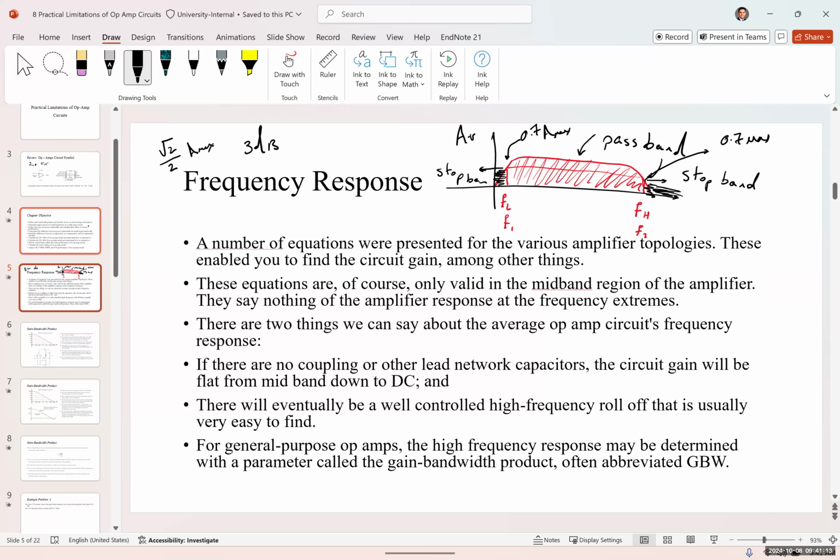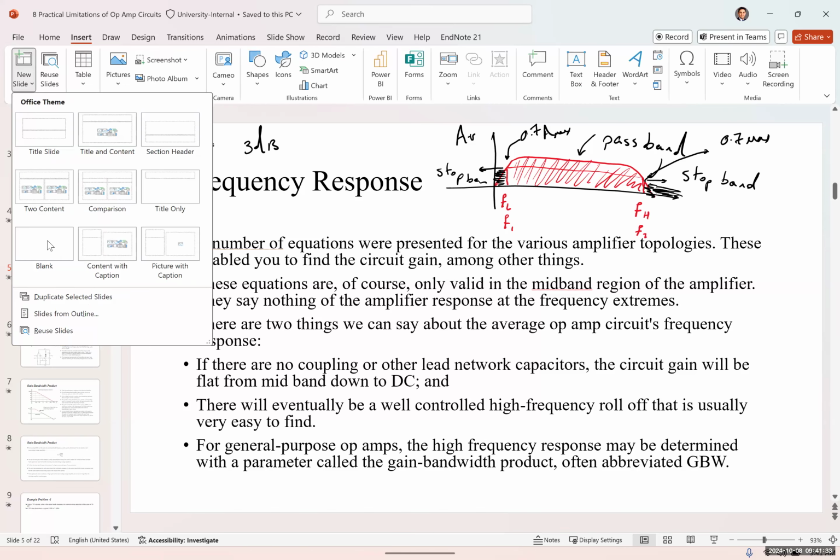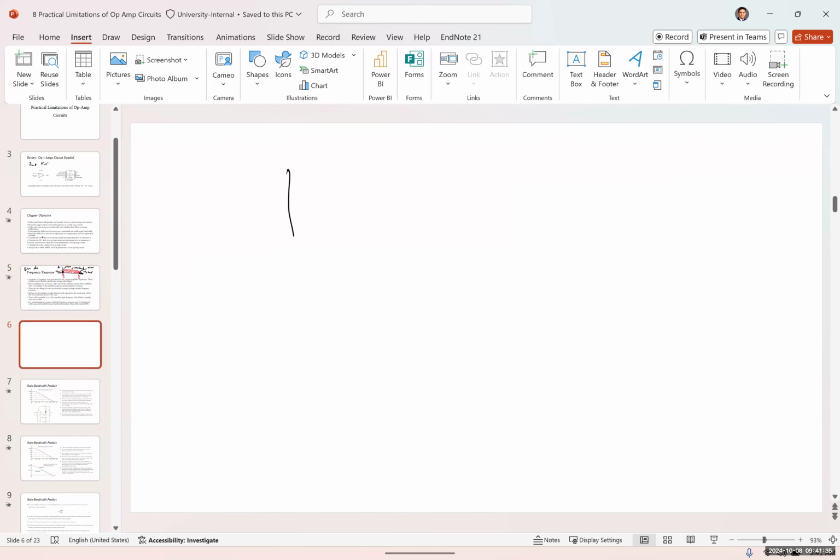Sometimes we don't have a lower cutoff frequency if we don't have a coupling capacitor. In those cases, the cutoff frequency would go down to 0, and we would have a DC response, because an op-amp can work with a DC input. Let me draw that one as well. If we don't have any lower cutoff frequency, then the graph would look like this. We don't have an FL.